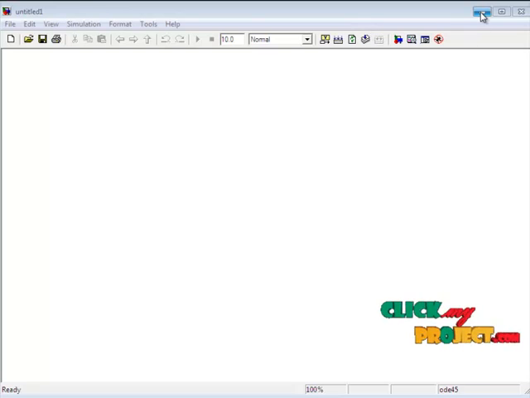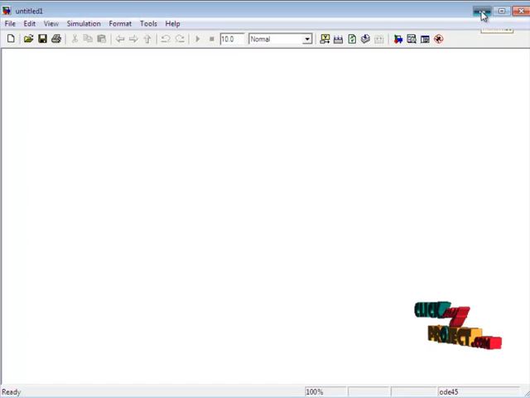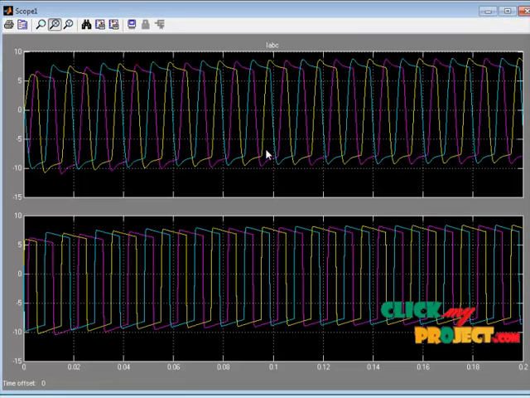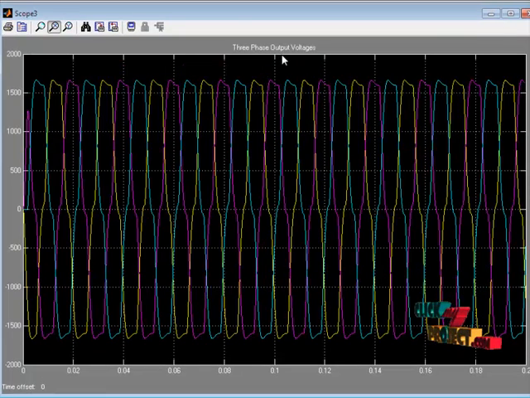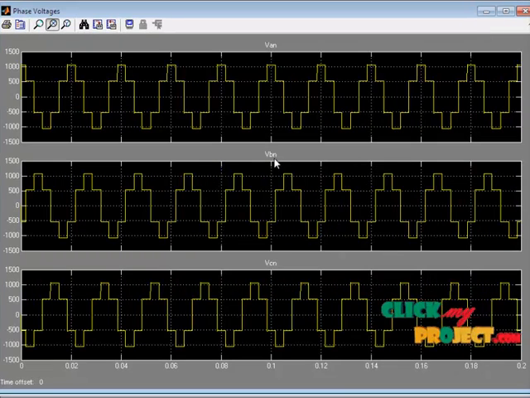Next we see the output waveforms of the corresponding product. The first one is the output current waveform, and the next one is the output 3 phase voltage waveform. This is the 3 phase output voltage waveform. The range is around 1600 volts.